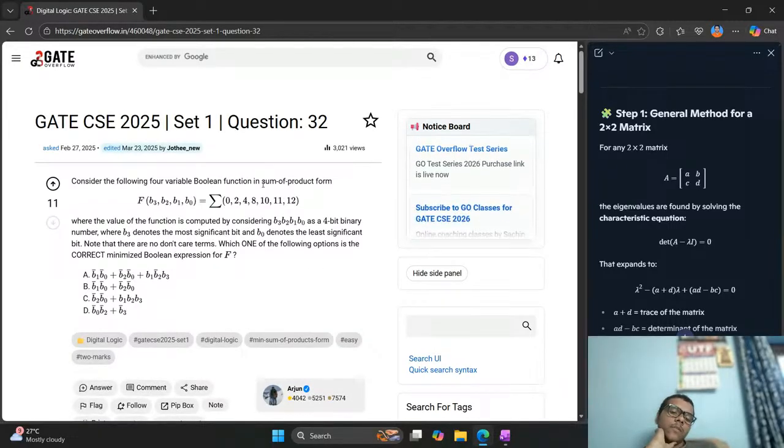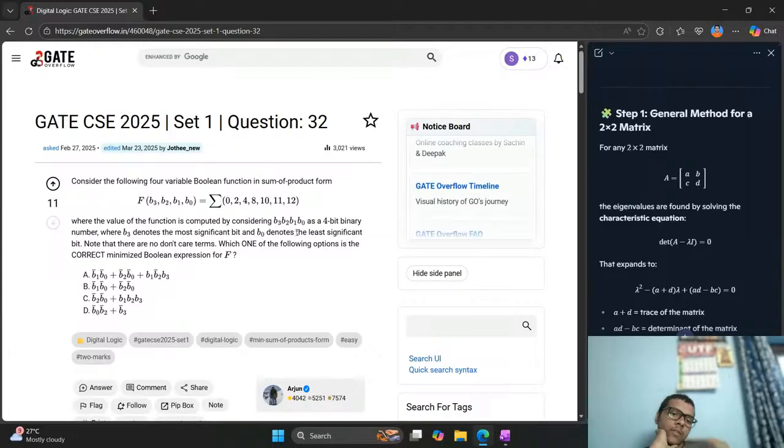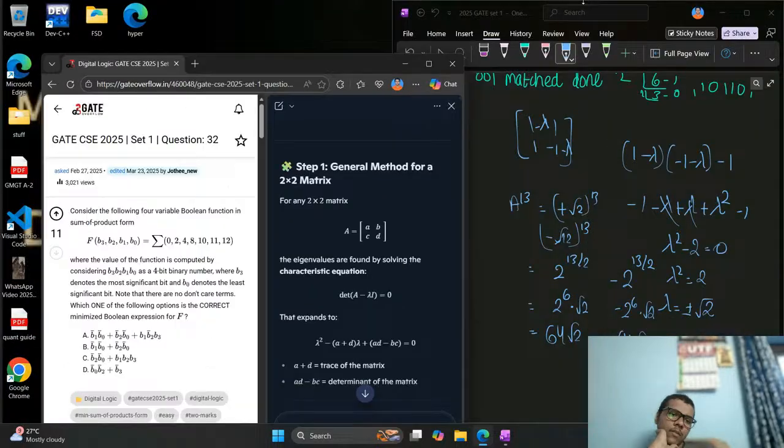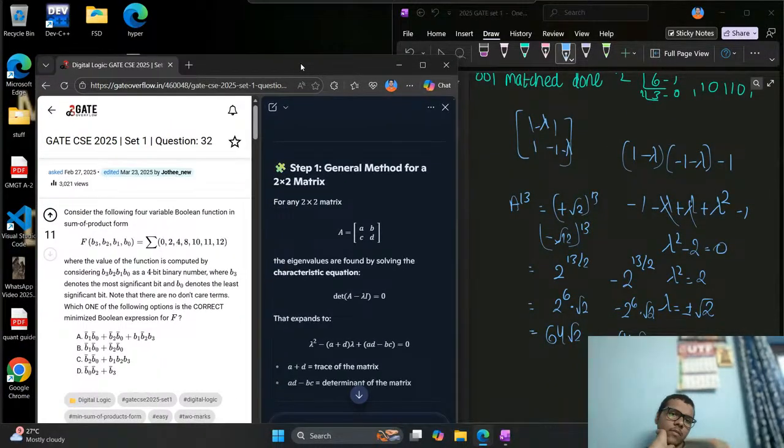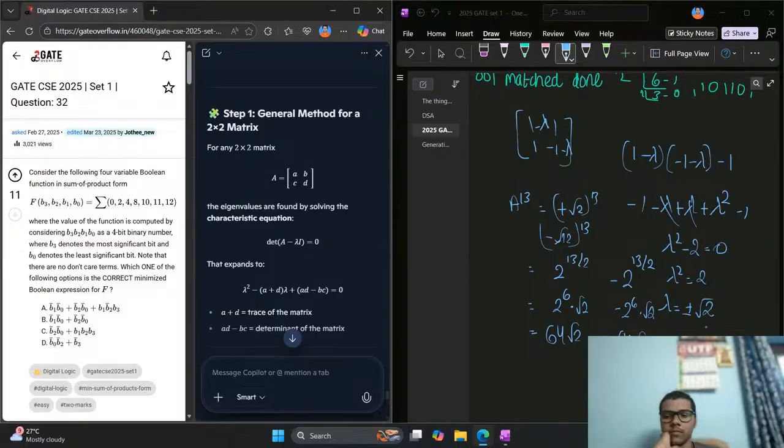For a variable Boolean function in the SOP form, the function is calculated for a bit binary number, more significant bit and less significant bit. No don't care terms. Minimized Boolean expression. Why don't we try drawing the K-map for this one?